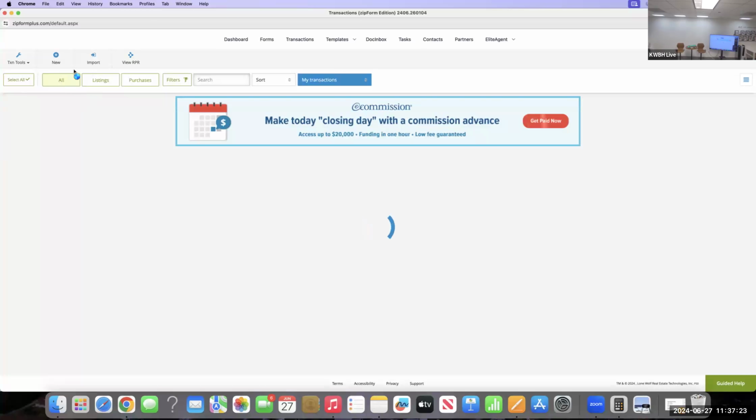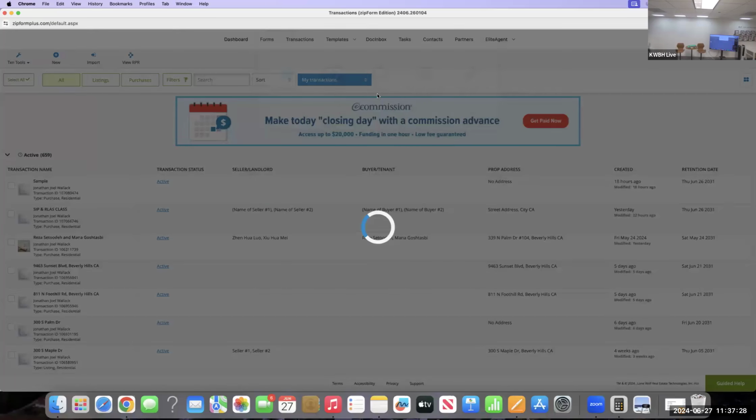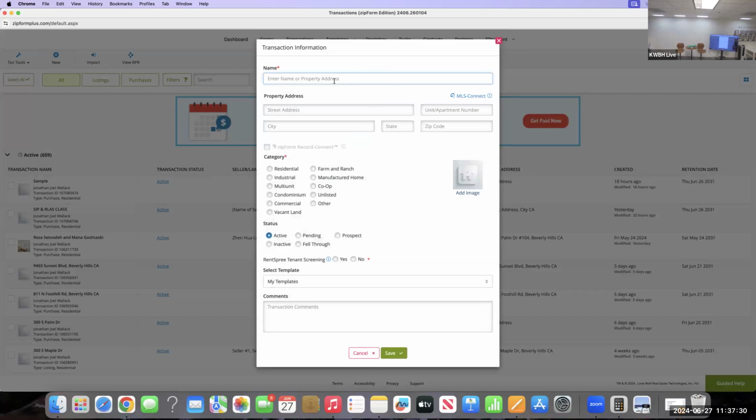So we're gonna click new, and it's gonna be a new lease, lease listing, whatever it is. So it's 123 Lease Street, and it's gonna be residential.